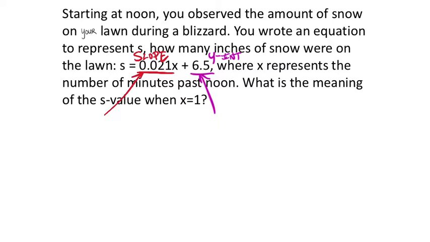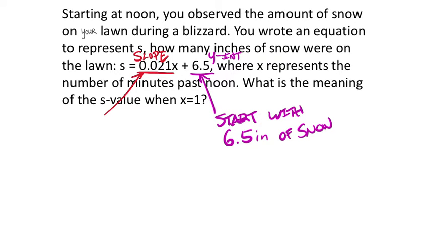The y-intercept tells us that, because we're looking at snow on the ground, or your lawn, it looks like you're going to start measuring this with 6.5 inches of snow on the ground. So that's what's already on your lawn.